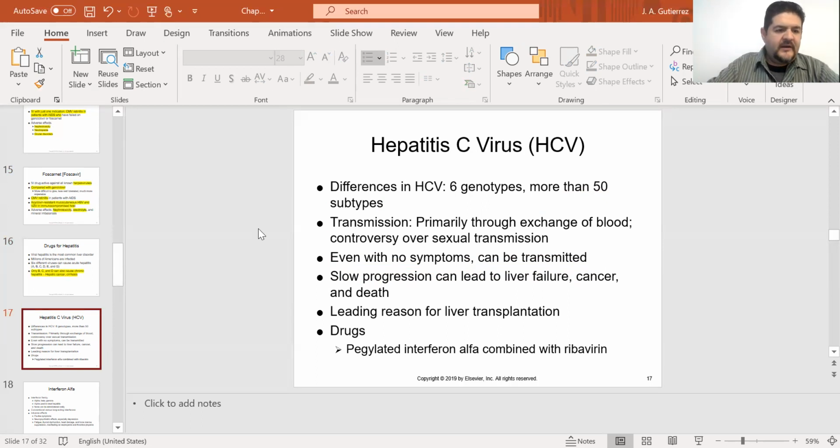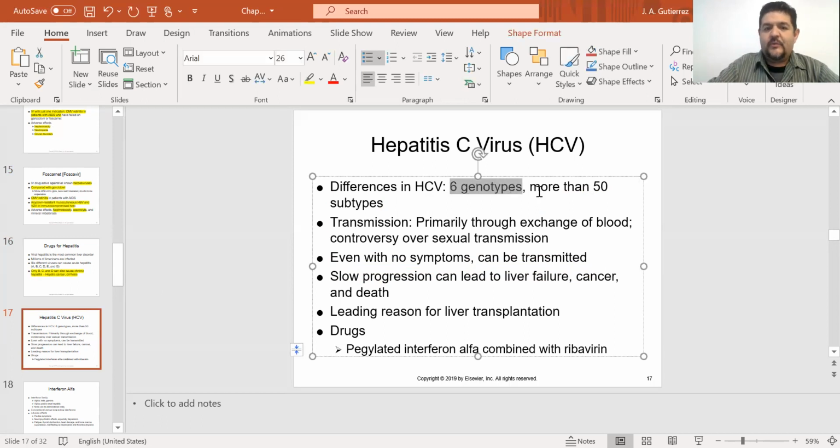So regarding hepatitis C, we have 6 genotypes with more than 50 subtypes. So that means that we have more than one variation of hepatitis C. Hepatitis C, the exchange is through blood. And some authors have stated also sexual transmission.